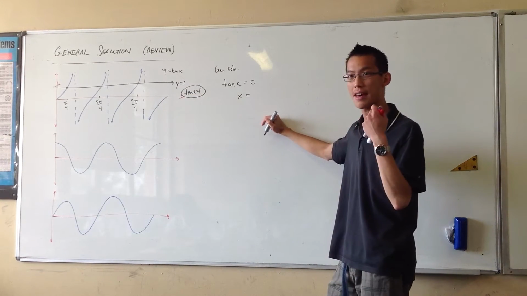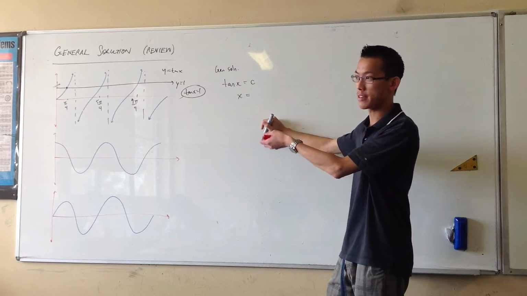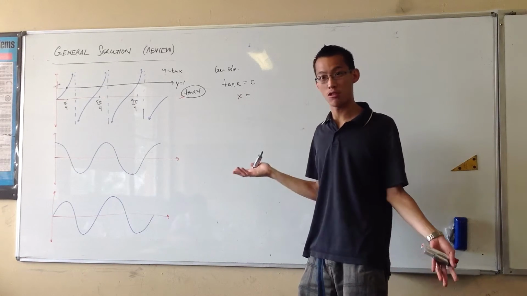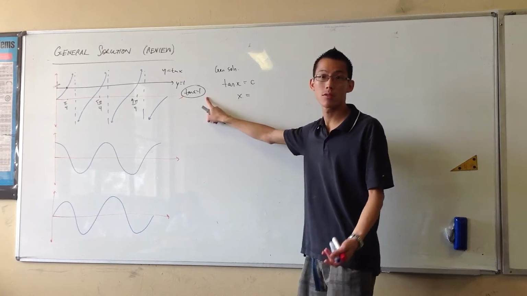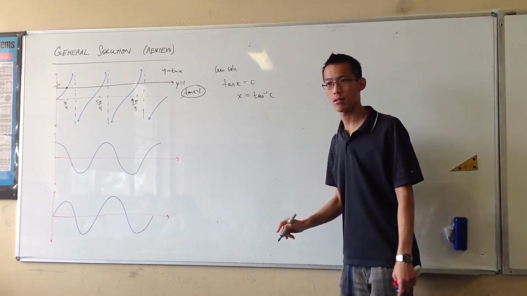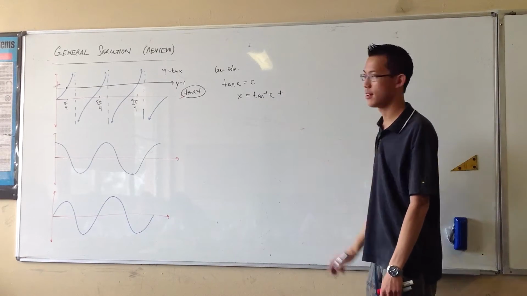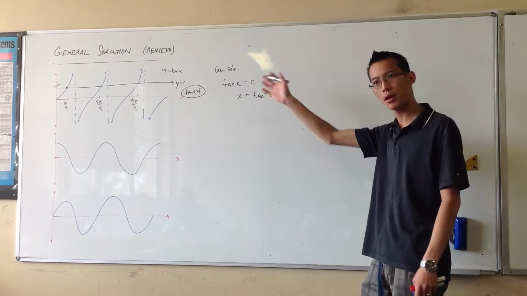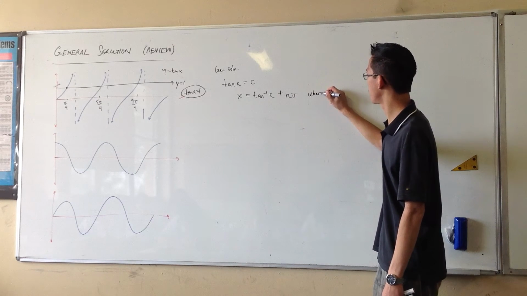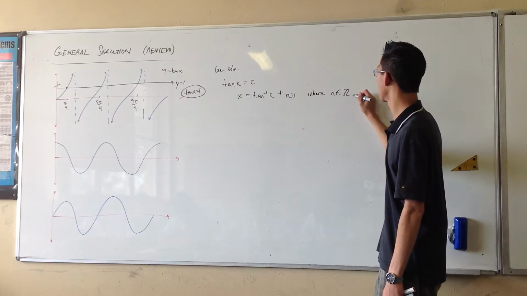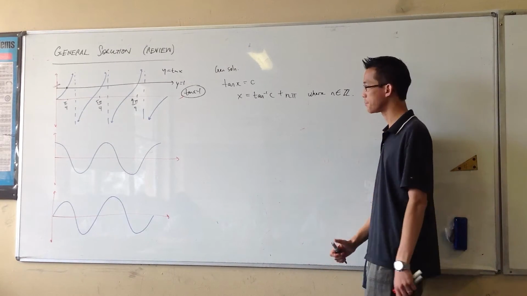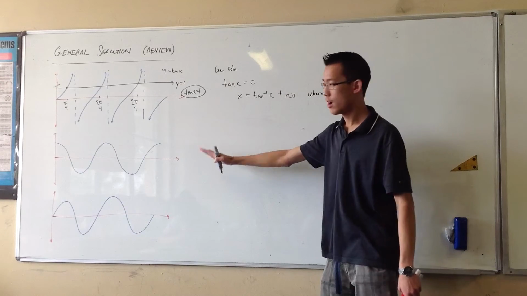So you can say either alpha, where that's your base angle, or theta or whatever, or you could say, because we know our inverse trig functions now, tan inverse of 1. So I could say tan inverse of c, plus, and then you've got subsequent periods, so n pi, where n just has to be a whole number. Okay, so is this ringing a bell? Yes?